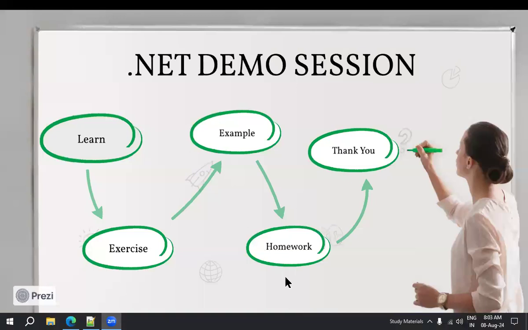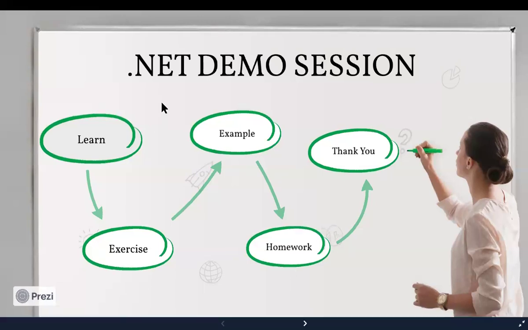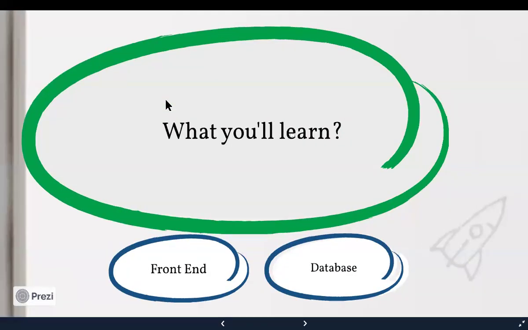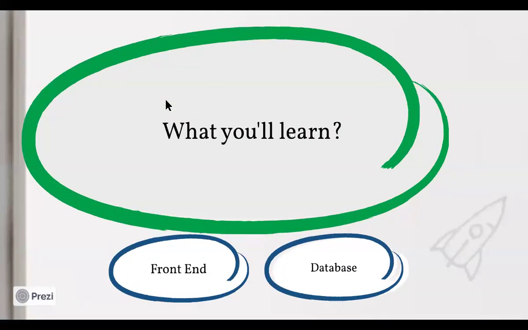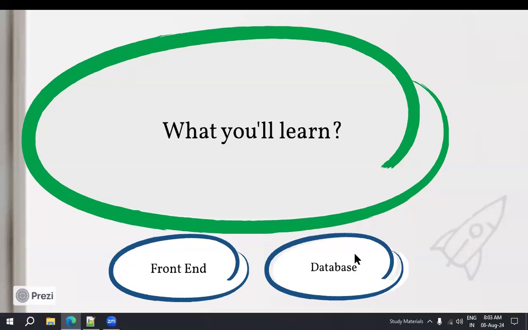Okay, so if I go to this slide, you see here the first slide, what you will be learning. So there are two parts that you can see on the screen. The first one is front end. What is a front end?